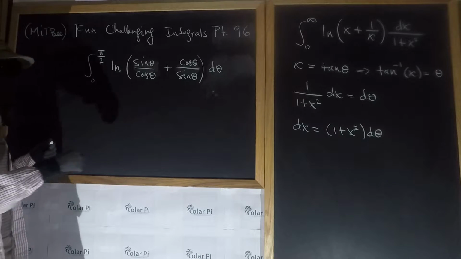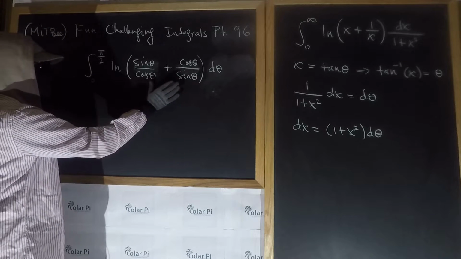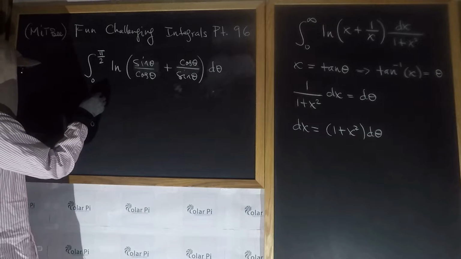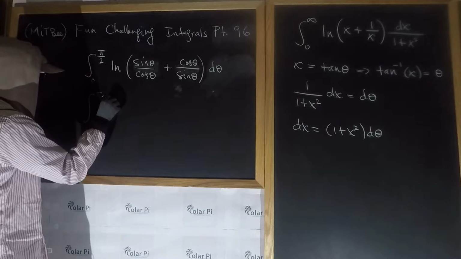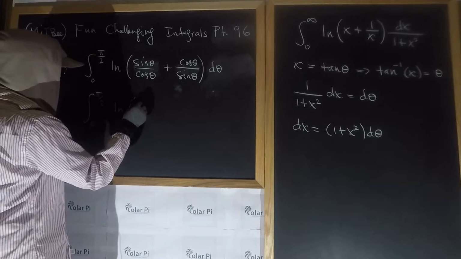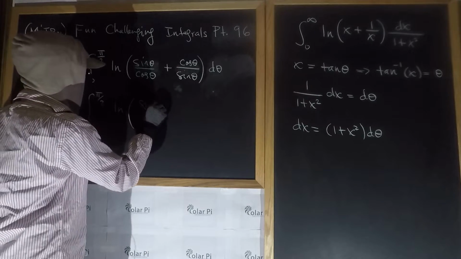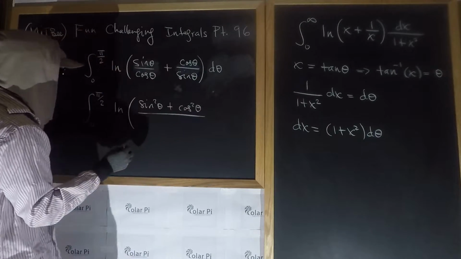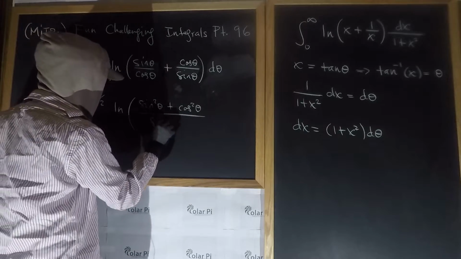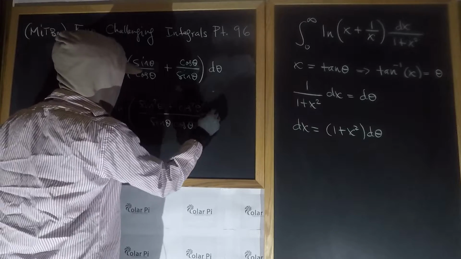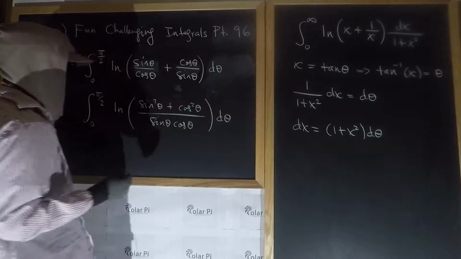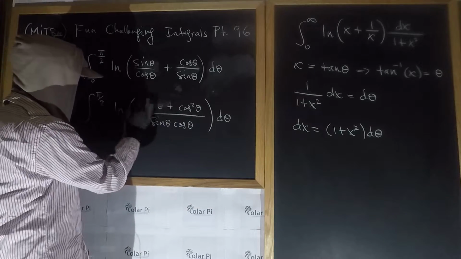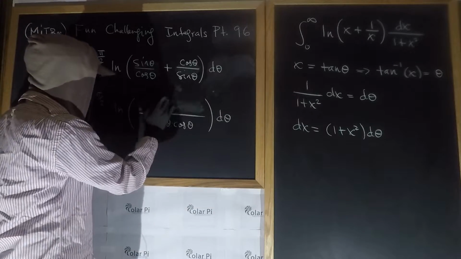And if we get common denominators in this part, we're going to get the integral from 0 to pi over 2 of the natural log of sine squared theta plus cosine squared theta all over sine theta cosine theta. Now we know that sine squared plus cosine squared is 1.